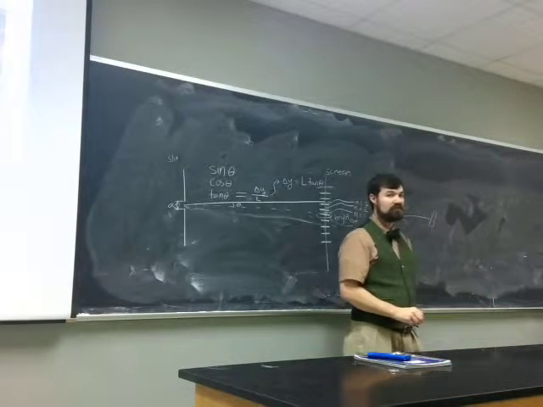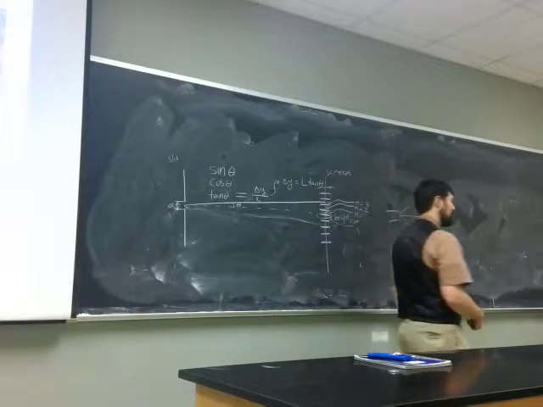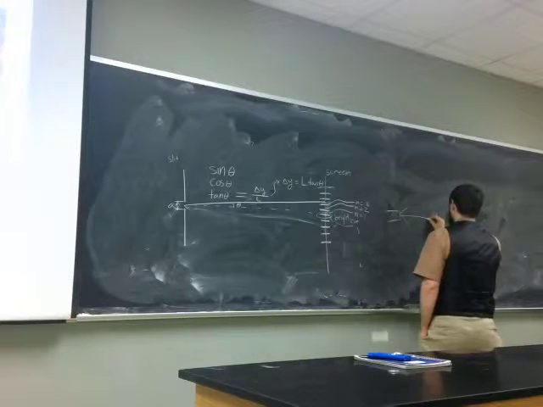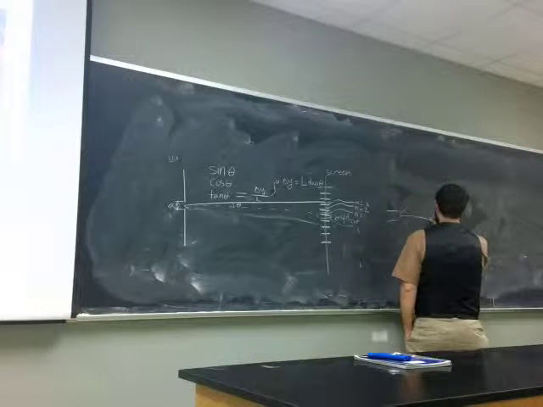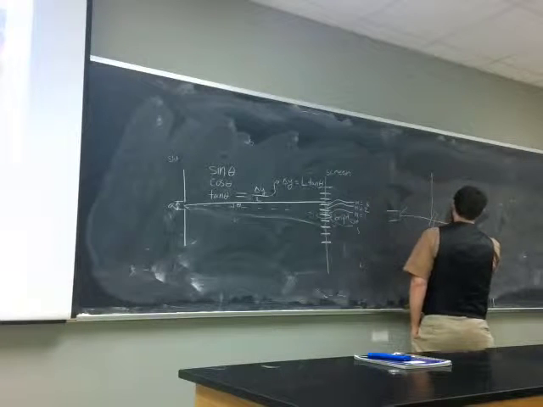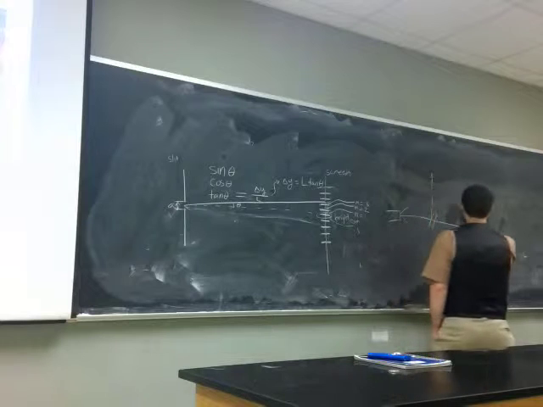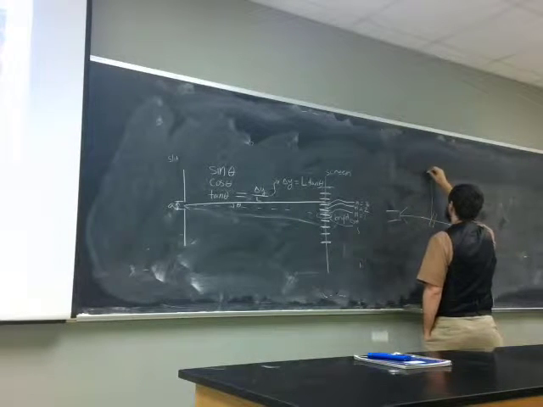We call these beam splitters. Not a very imaginative name, but there you go. So this beam splitter maybe sends one this way and one this way. And what you do is you put a mirror here and you put a mirror here.